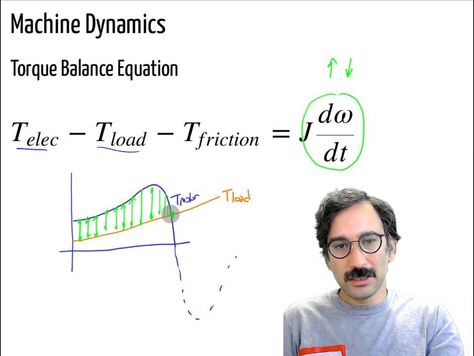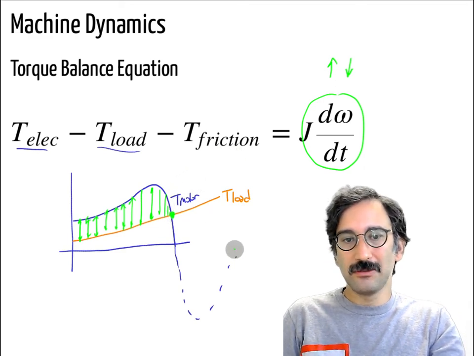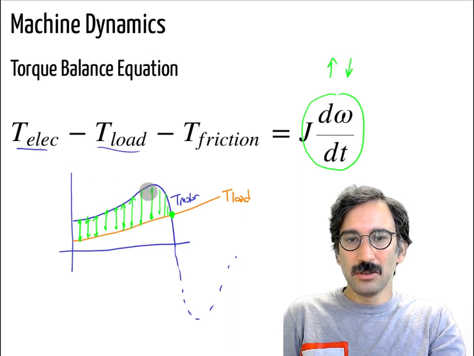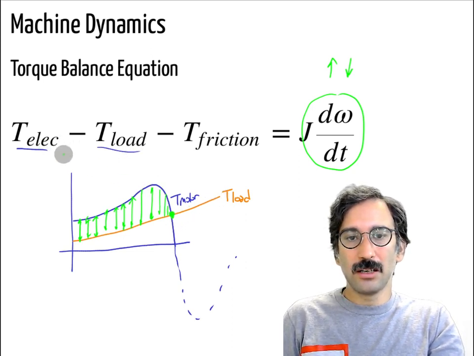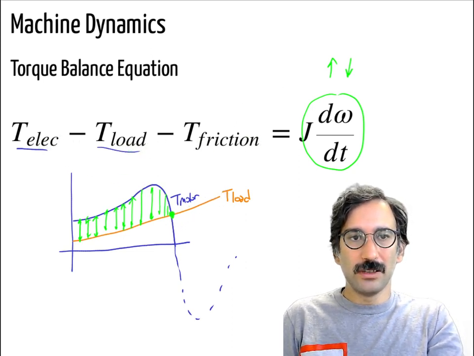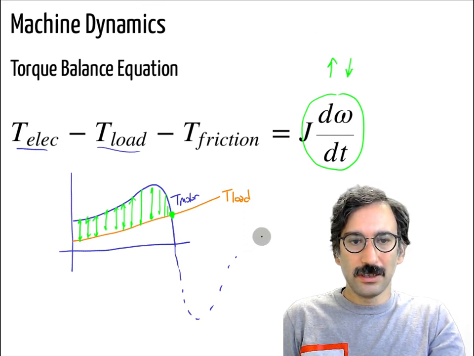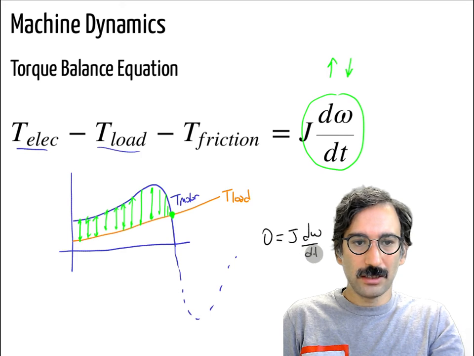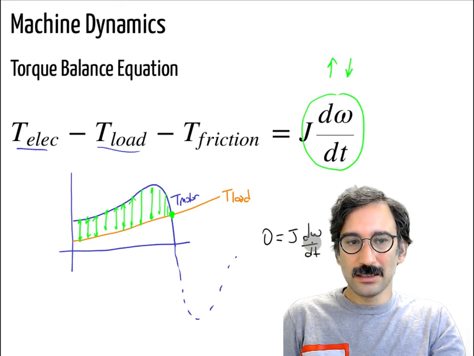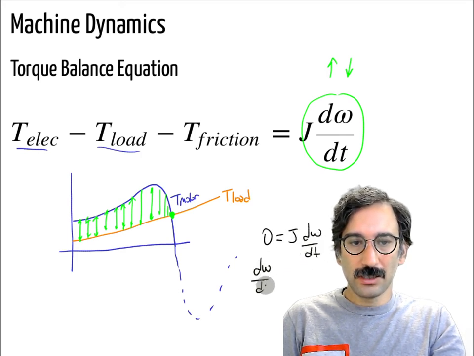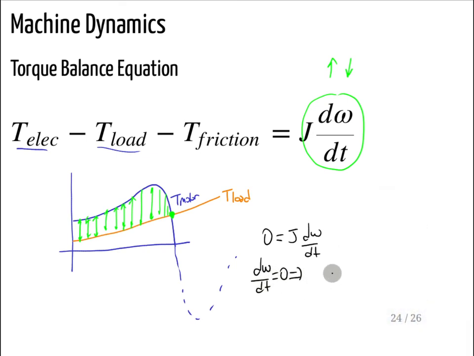And at that point, again, I neglected the friction for this case, so the motor torque and load torque are equal to each other. So whenever you have 0 = J dω/dt, J is not 0, so dω/dt should be 0. That means in this condition, speed is constant.